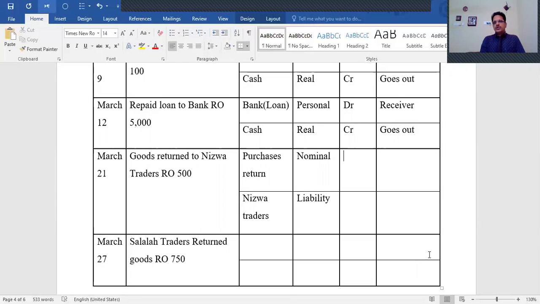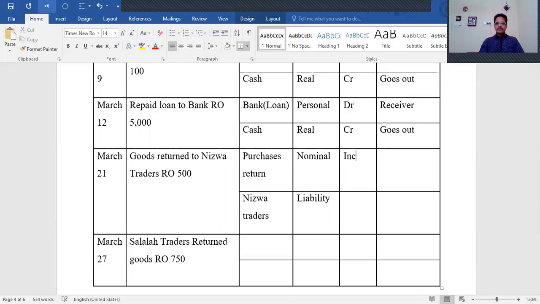So what you have to do, when an expense is decreasing, is treat it just like income. There is no option for decrease in this rule, so you have to treat it as an income. Then Niswa Traders is a liability, so there is no need to write that here.